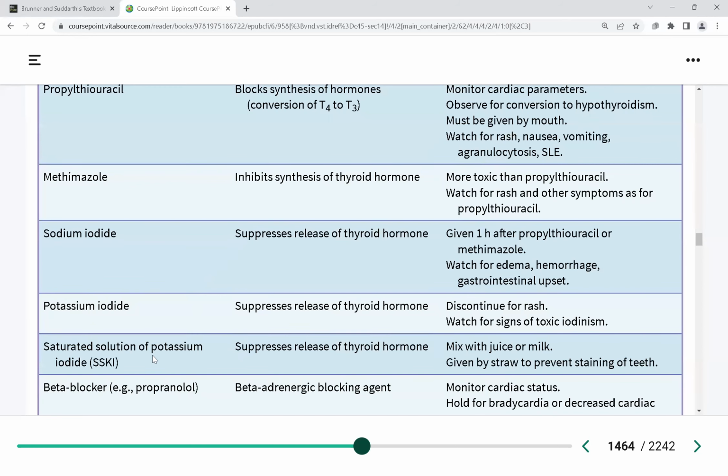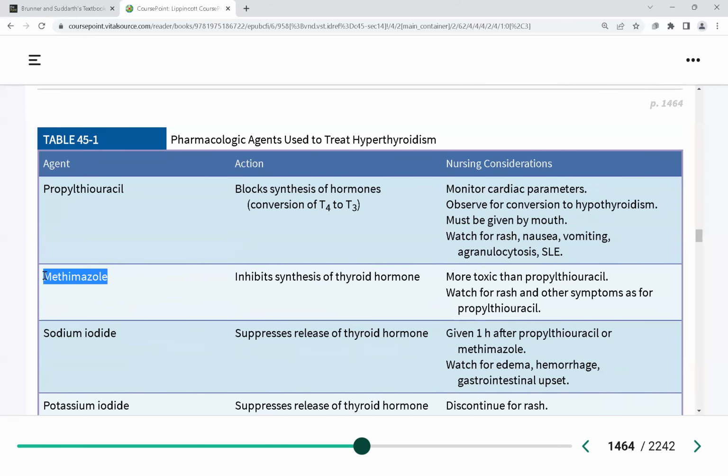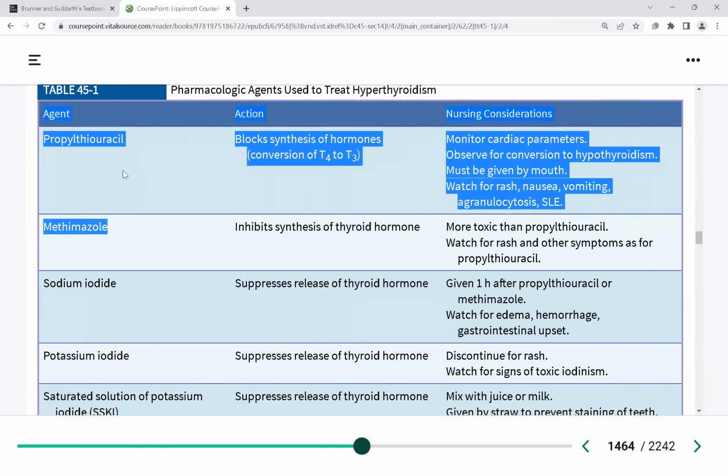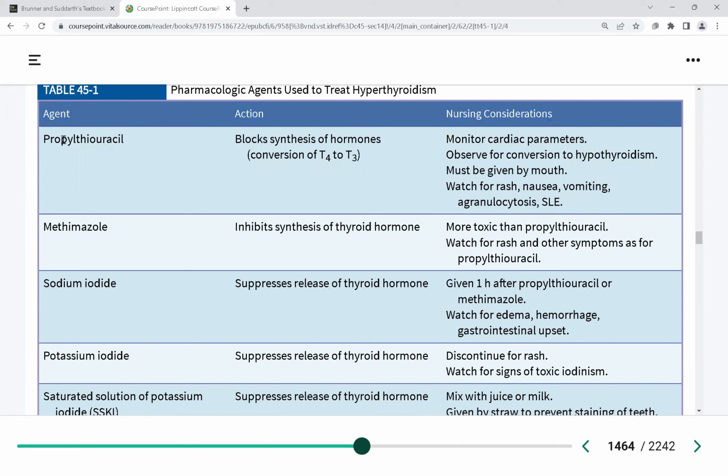So, since you're giving SSKI or methimazole or PTU, which should be given first? This one or this one? I described to you how these drugs work. How do they work again?